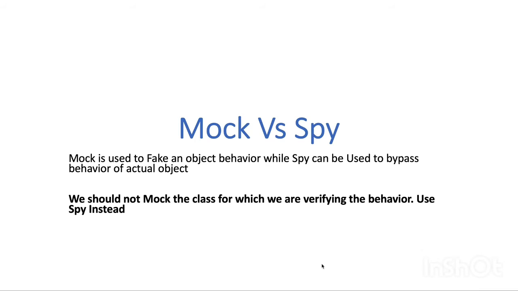Means in our previous example, we are trying to verify the behavior of the getReview method of the Utils class. That means while writing unit tests for this Utils class, we should not mock the Utils class. Instead, if required, we can use spy for that Utils class.